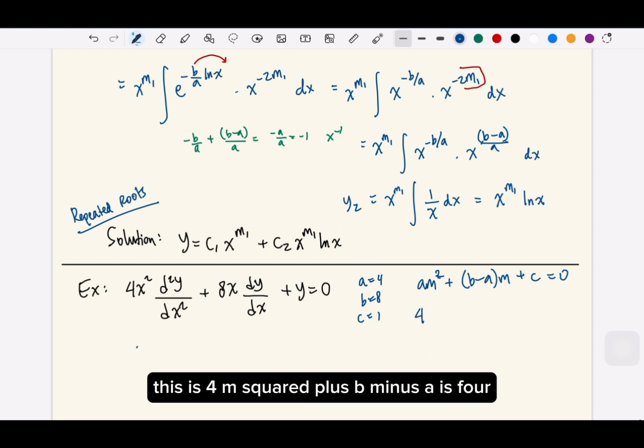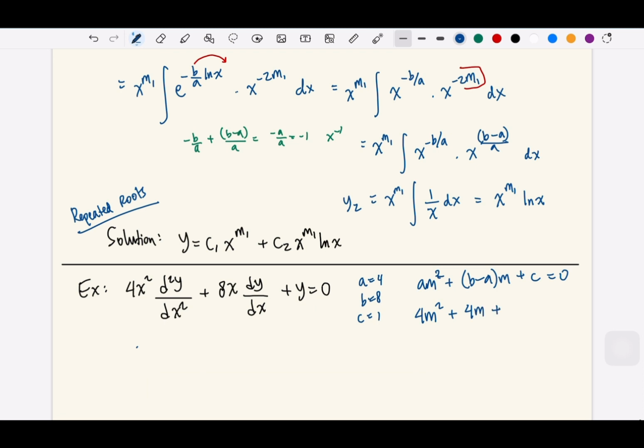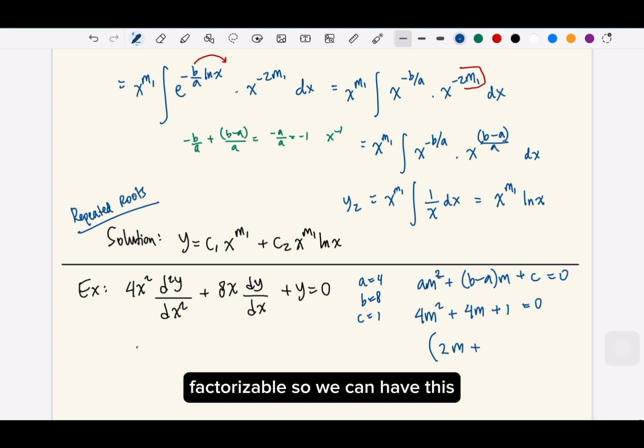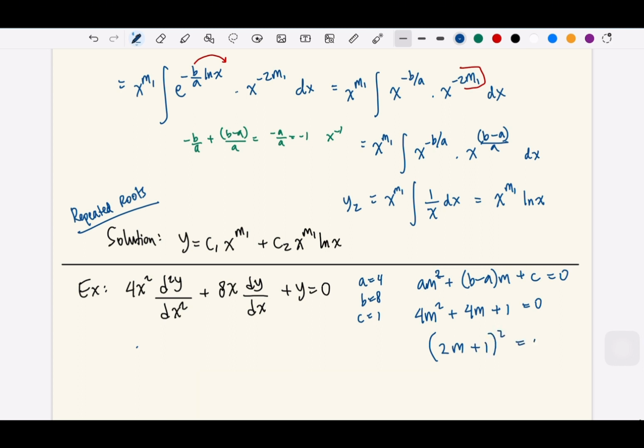This is 4m squared plus (b minus a), which is 4m, plus 1. And I think this is factorizable, so we can have this. Okay.